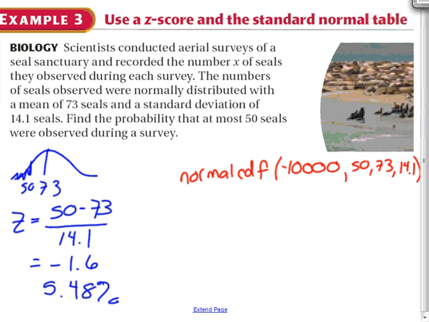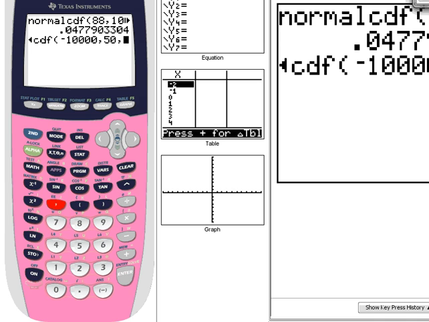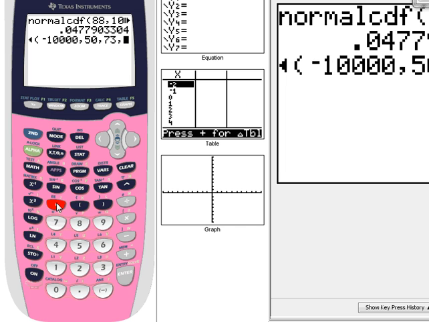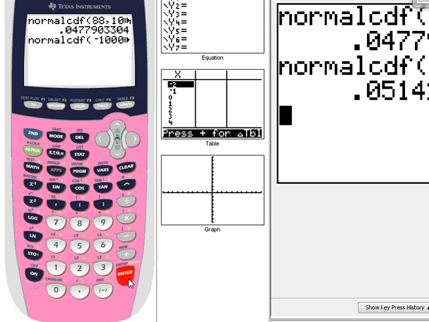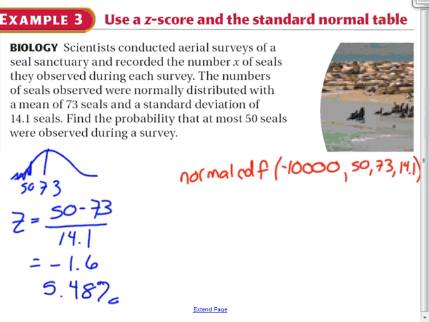So go to your calculator, punch all of that in. Hit enter. And it gives me 5.14%. There's my more exact percentage.